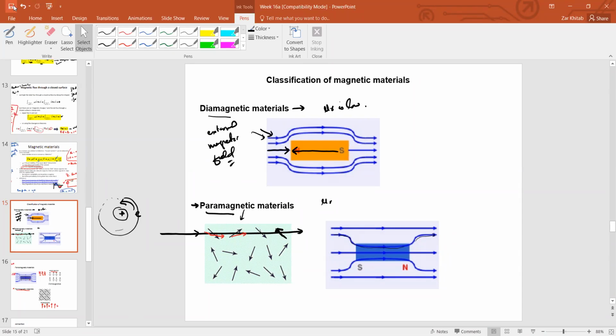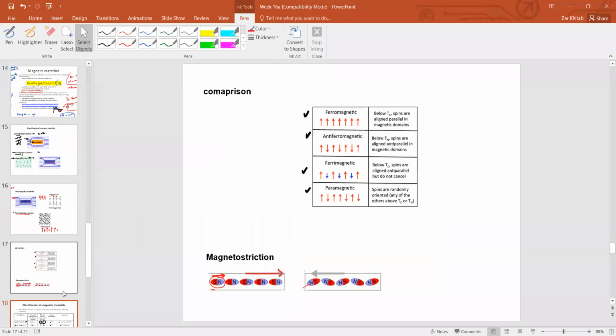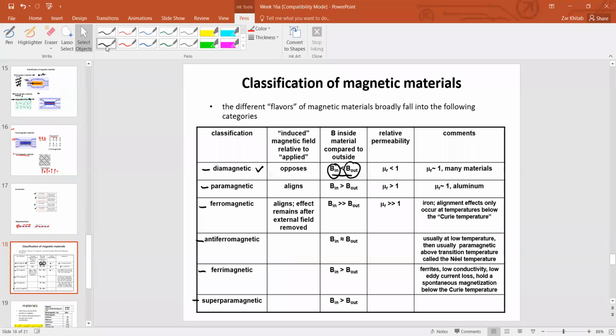In the paramagnetic materials, they are going to align themselves to the external field, but very weakly. So in the diamagnetic materials, the inside magnetic field is less than the outside because it is canceling the external field a little. Mu r is less than 1 in this case.